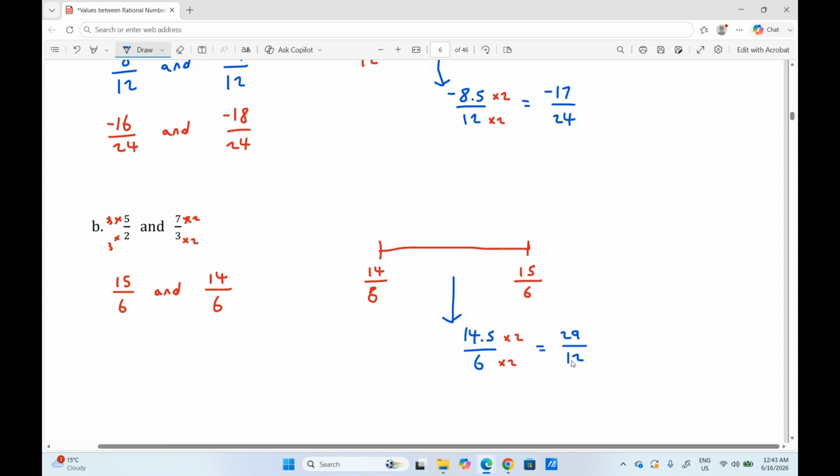So 29 over 12 is my fraction. And again, I could have also alternatively taken these numbers and multiplied them by 2 a lot earlier. So that would have gotten me 30 over 12 and 28 over 12. And then upon doing so, it would be very obvious to know that between these two numbers, 29 over 12 would be between them.